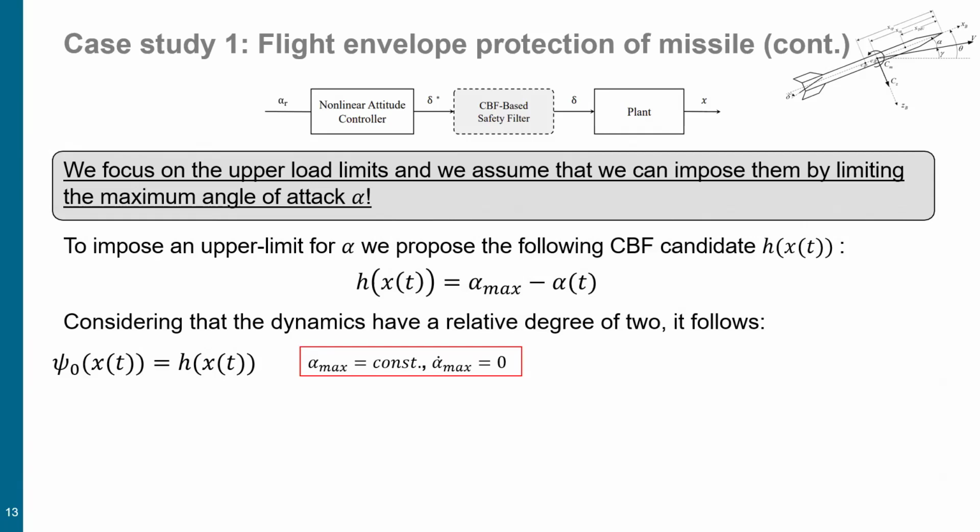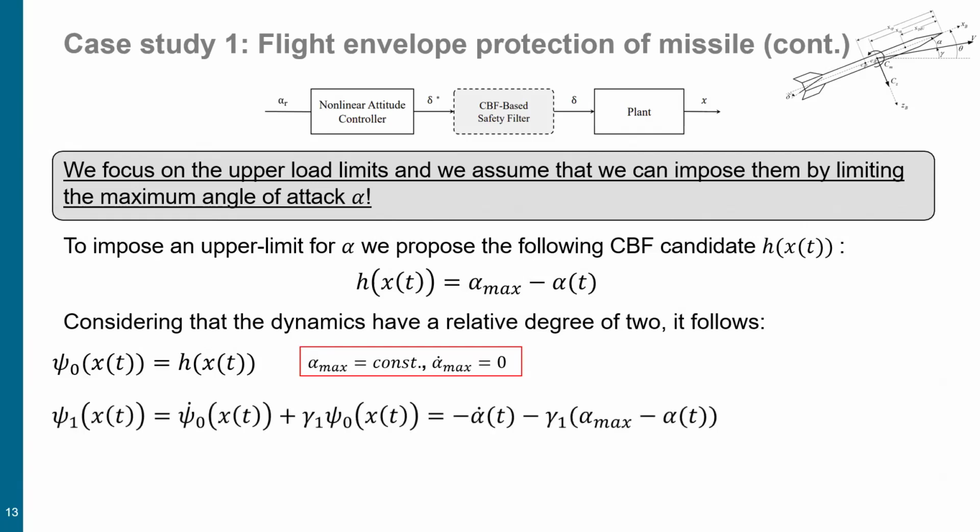And this helps you because now you get your second time derivative and you obtain something like this, right? And it's very simple. Again, this is the way of doing higher order control barrier functions, right? It's always like the time derivative of the one before it plus some parameter times this function, right? It's straightforward and you come up with something like this.